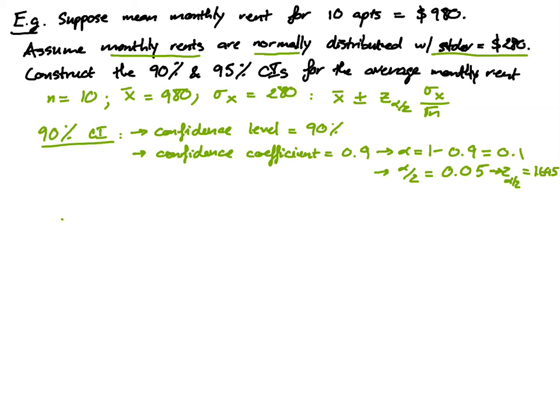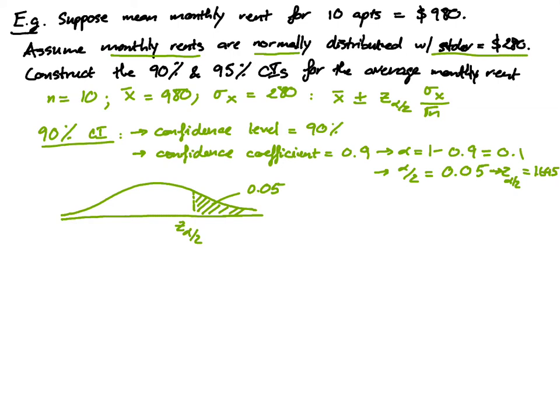So if you draw the standard normal distribution, then if this is z sub alpha over 2, then this is 0.05, right? So the idea is we want to find the z-score such that the area to the right of it is 0.05. Now remember that the table gives us the area to the left of a z-score, okay?